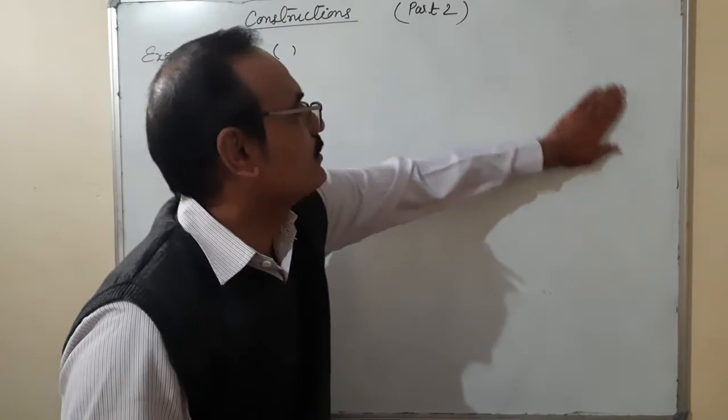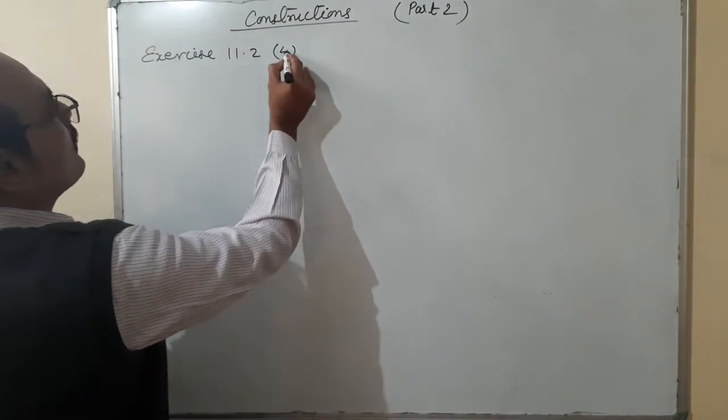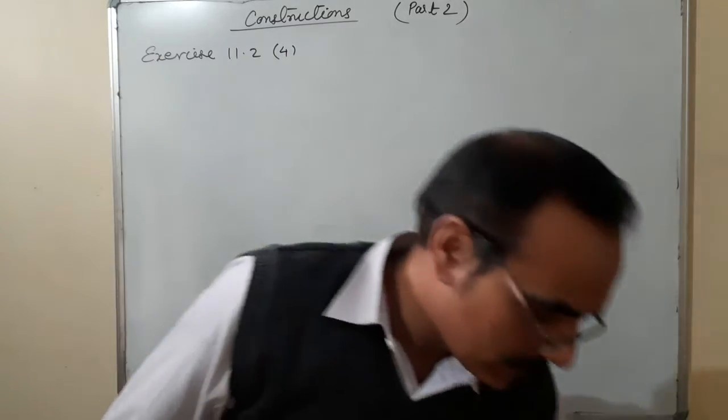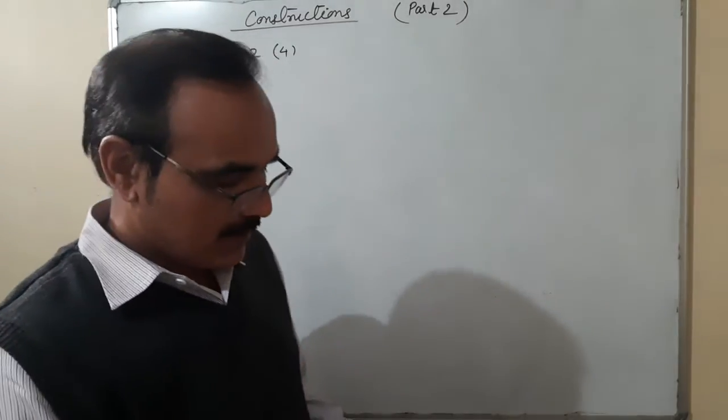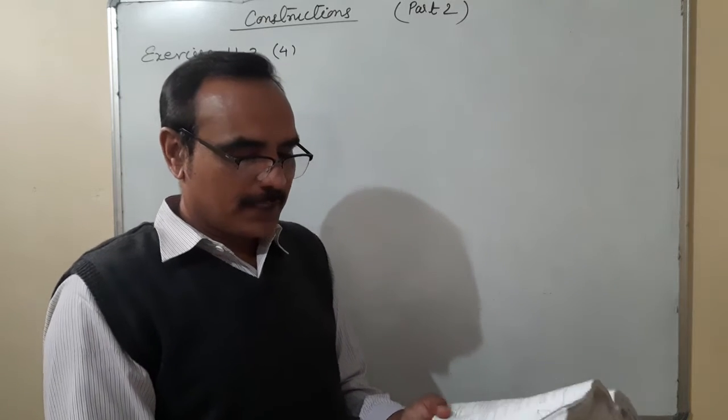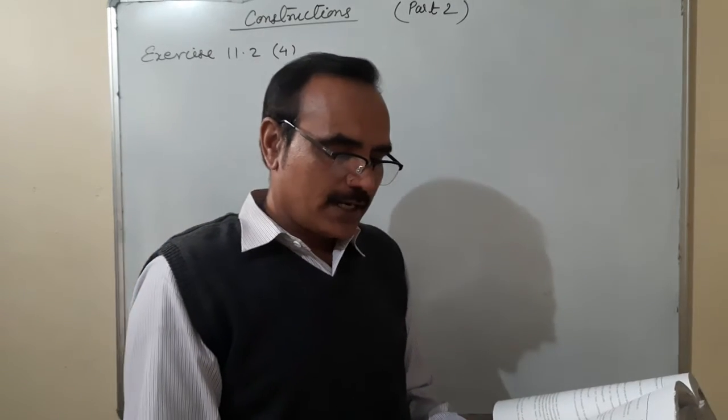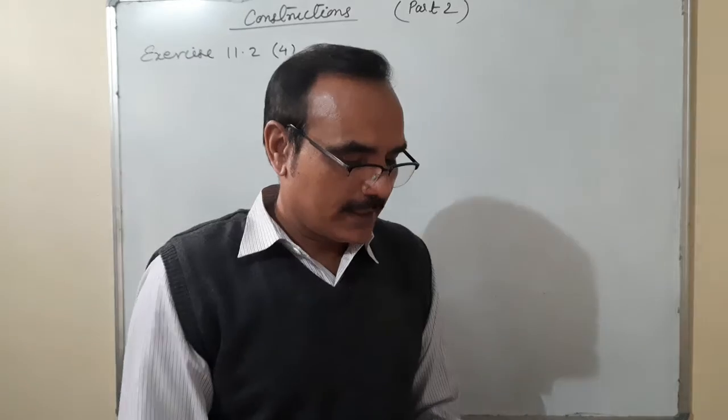Question number 4. What is it? Draw a pair of tangents to a circle of radius 5 cm which are inclined to each other at an angle of 60 degree.